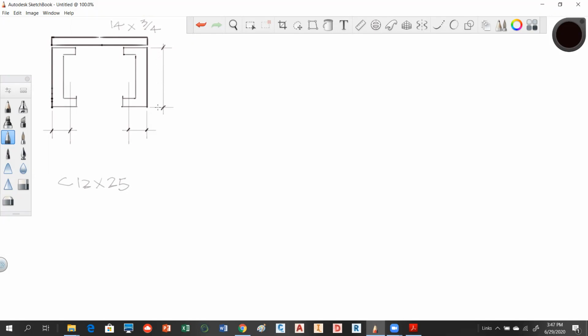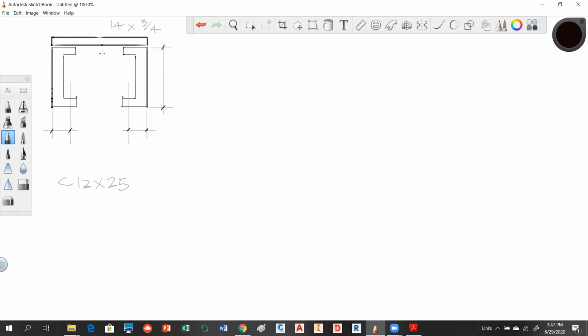This dimension here, which would be the depth of this. We're going to need to know the centroid location from the back edge out. So that will be, I believe, the bar X distance on our chart. And notice since they're mirror imaged, they just will be the same numbers. The x-axis will be coming this way, the y-axis will be coming this way.